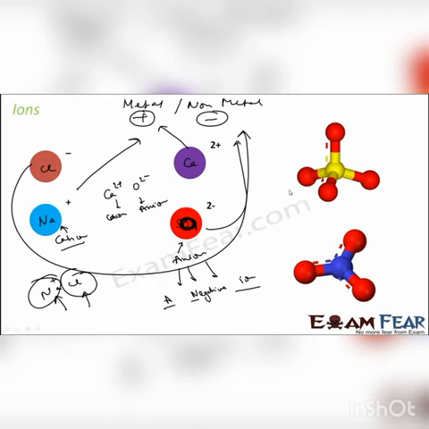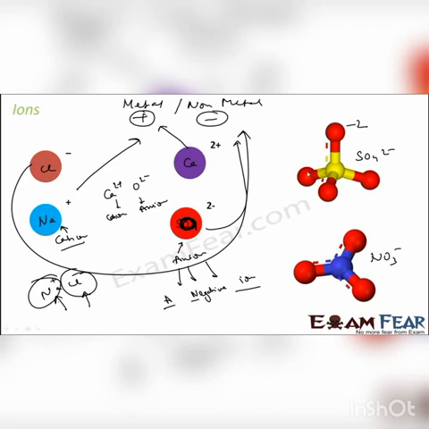And these ions need not be a single atom. It can be multiple atoms. For example, this is SO4 2 minus. This is minus 2 charge. Right? This is NO3 minus. For example, HNO3, this is H2SO4.